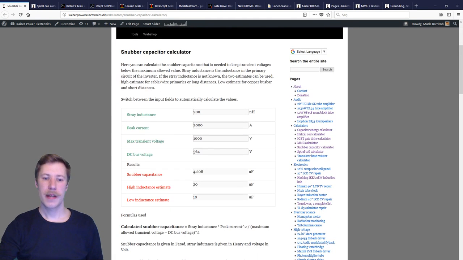The snubber capacitor calculator is quite simple. It has a snubber capacitance that is calculated from recommendations from IGBT manufacturers, and then it has a high and low inductance estimate. So if you do not know the inductance of your primary circuit, you can always estimate it and then pick a capacitance from that.